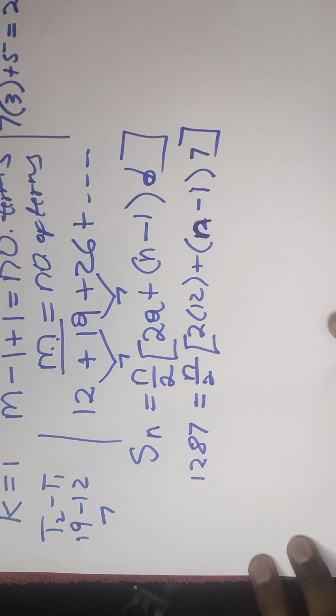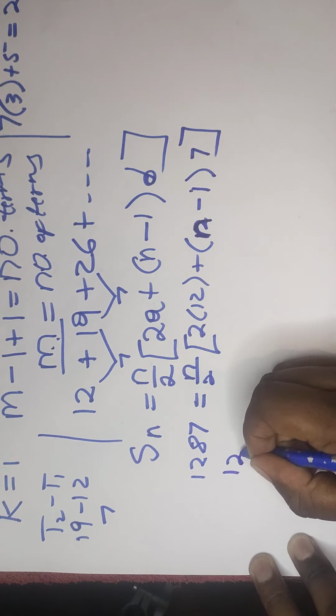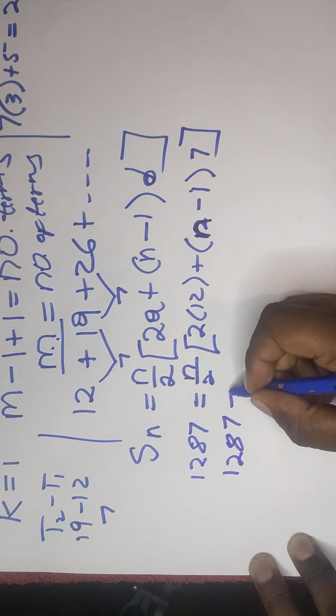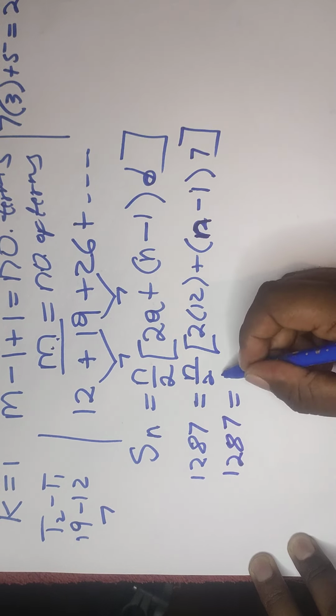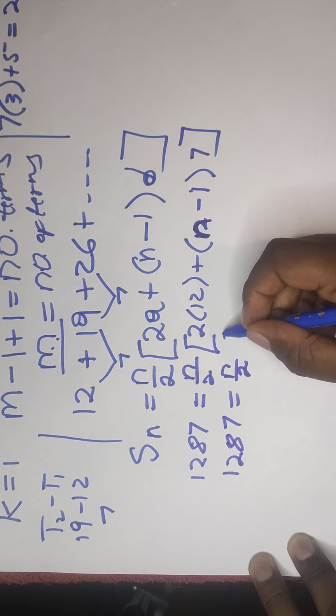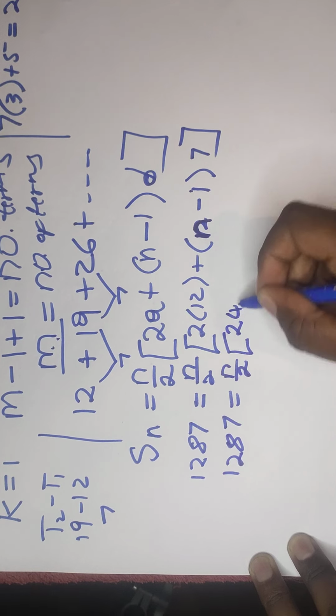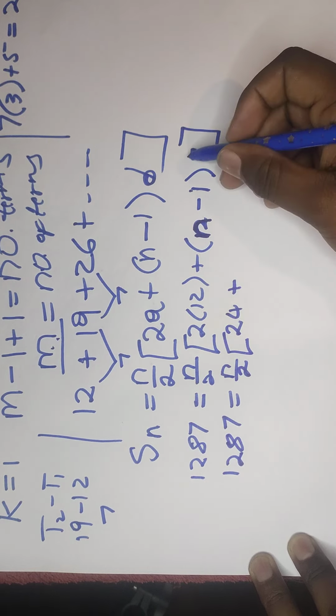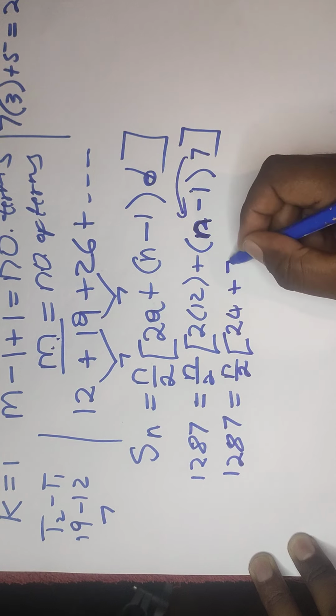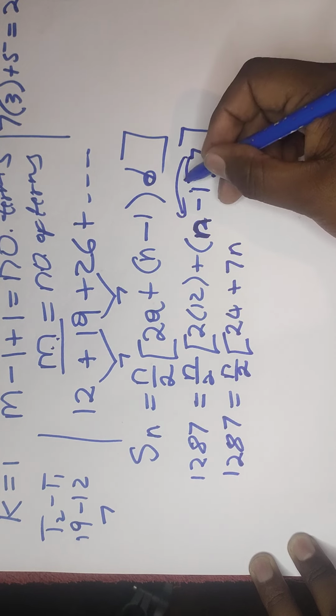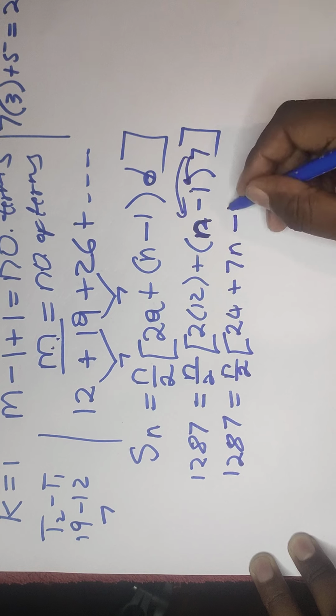Alright, I'm running out of space there. So it's 1287 is equal to n divided by 2 into 24 plus, you need to multiply by 7 there, which is 7n, minus 7.